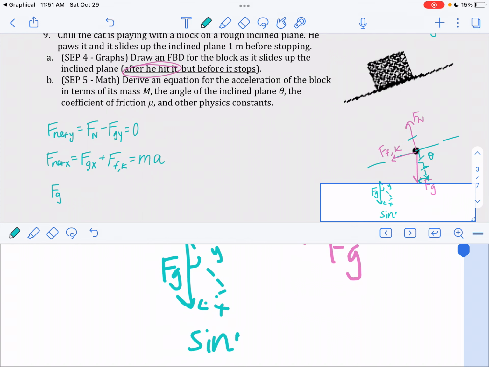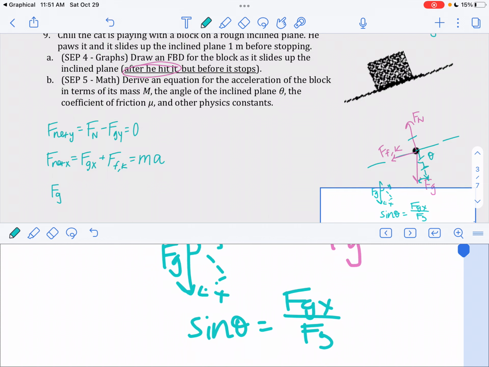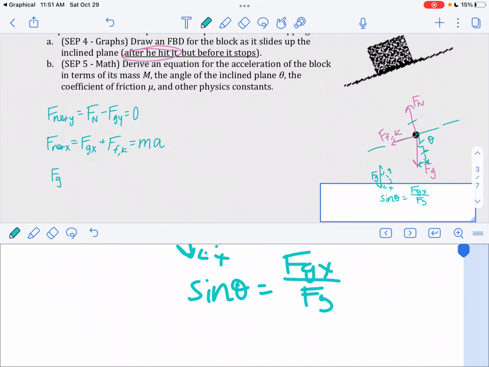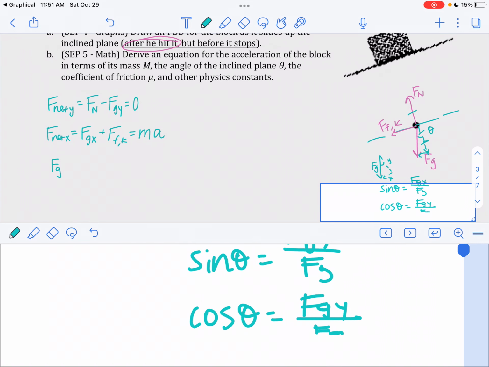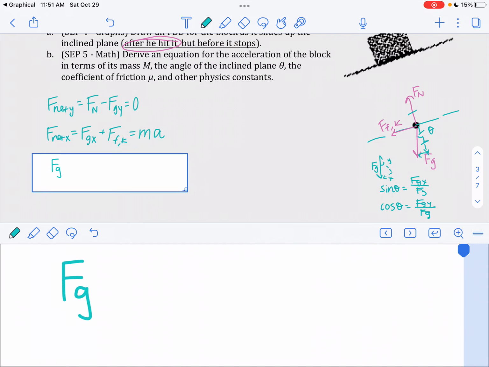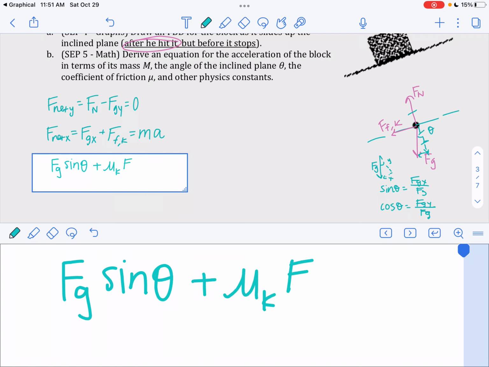So sine of theta would be FGX over FG, and cosine of theta is adjacent, so FGY over FG. And so for FGX, it would be FG sine theta plus the force of friction, which is going to be, because it's kinetic, mu k times Fn.